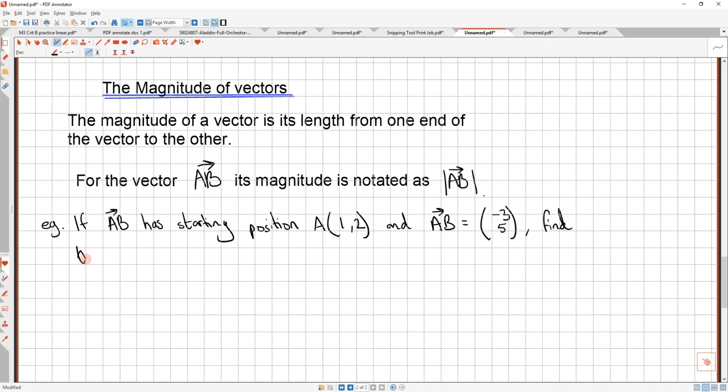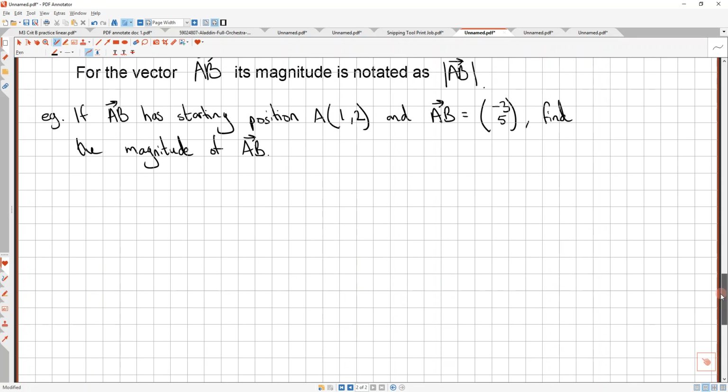Find the magnitude of A to B. So I'm just going to do a little sketch.